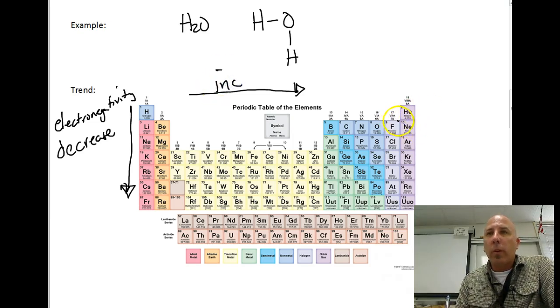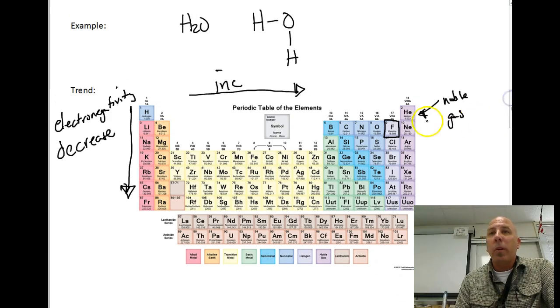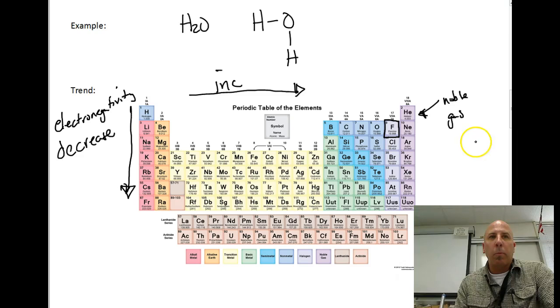And it will increase all the way over to fluorine, which is the king of electronegativity. Now we say it increases to fluorine because the noble gases here do not bond typically with other atoms. So we say that fluorine is the king of electronegativity, even though it's one group to the left of the noble gases. Noble gases don't bond.